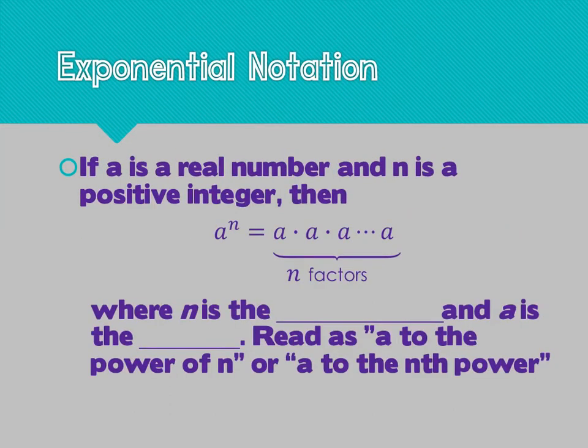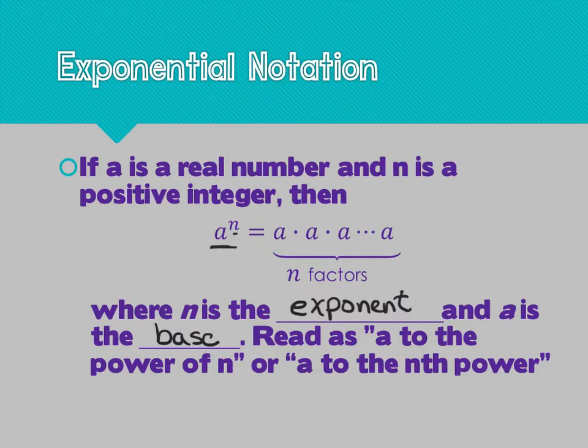The next one says if a is a real number and n is a positive integer, then when you see the real number a raised to this power n, it means you would multiply a however many times n is. Here n is the exponent and a is the base.